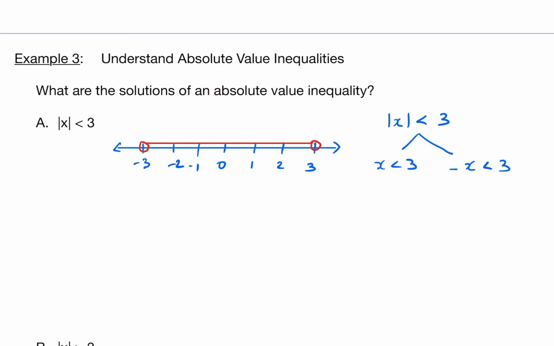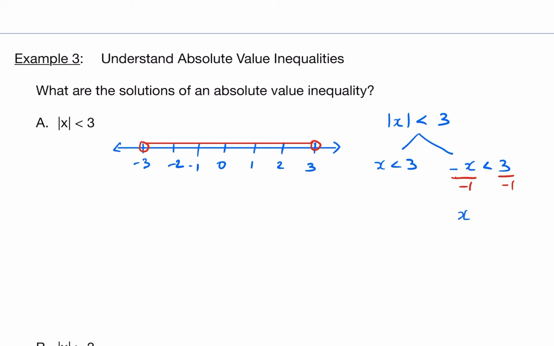And x is less than 3 has already been graphed, so it's going in this direction. This is less than 3, and then we have negative x is less than 3, and what we need to do is resolve this negative, and we do that by dividing both sides by negative 1. That comes out to a positive x.